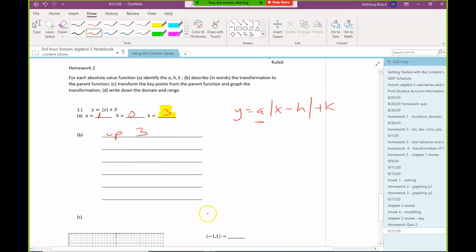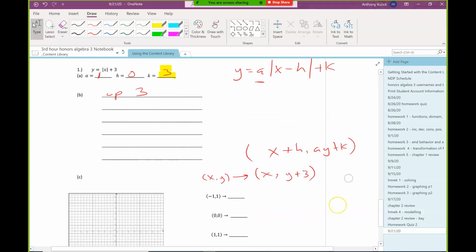Okay? So then I'm going to do my transformation map, which in this case is just going to be y plus 3. Okay with that? So again, what I used there was, well, we don't have any of these. X plus H, A, Y. But that's really just X comma Y plus 3, right?